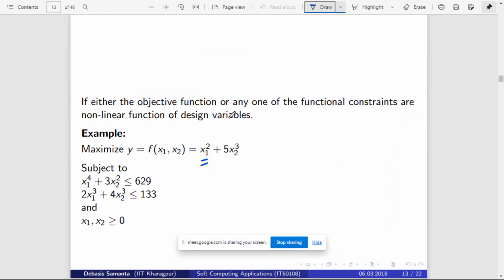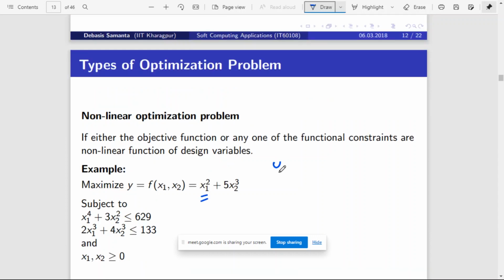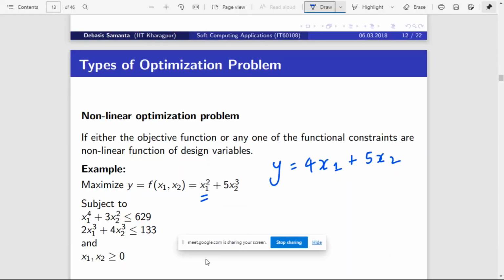Okay, right. So say for example, if I give a problem like this, y is equal to 4x1 plus 5x2, is it linear or non-linear? This problem is linear or non-linear?